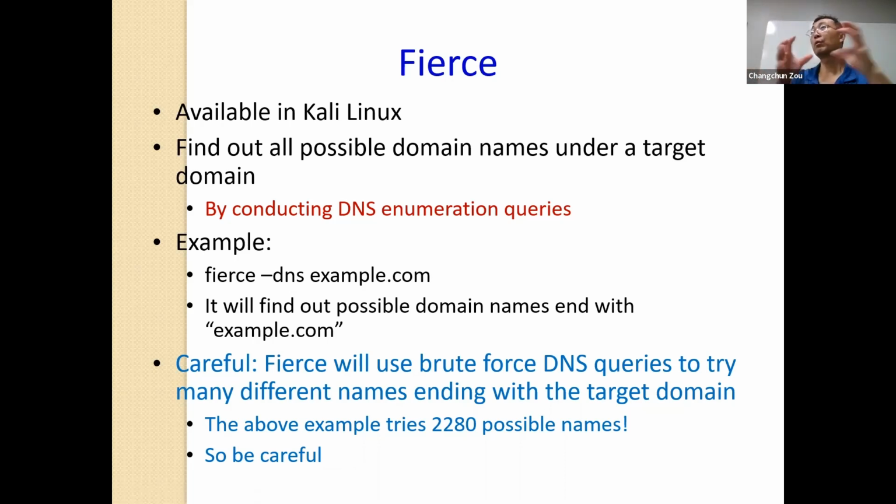So it will put some guessed name ahead of this target domain, then try to see whether this domain name exists or not. Basically, send DNS query to see what's the IP address for this domain. Most likely, it will get a DNS server response that there's no such domain exist. So this is a way for this direct use.